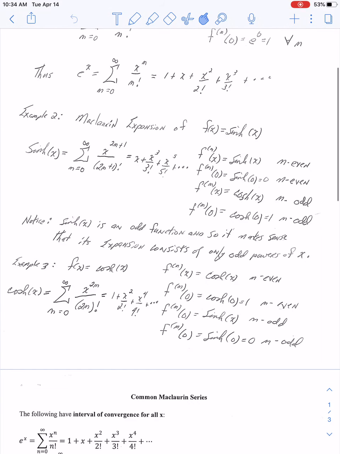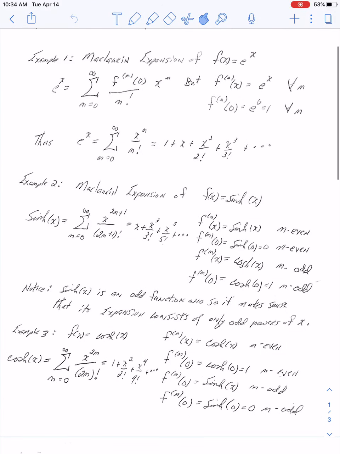If I look at another example of the Maclaurin expansion, I'm going to look at f of x equal to the hyperbolic cosine. Well, in some sense it's just the opposite of this. F upper n of x is cosh when n is even, and whenever n is odd, f upper n of x is sinh.